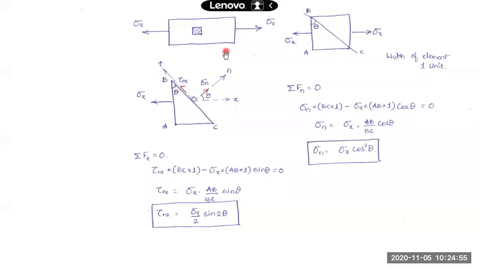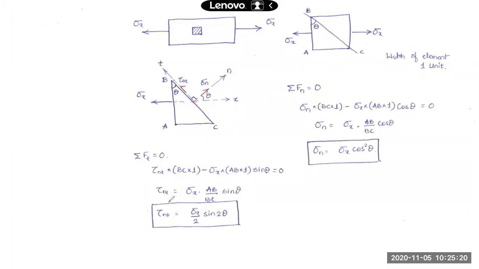The line of action of this force makes an angle theta here, and this will be 90 minus theta. So the component will come out to be sigma x into AB into 1 into sine theta.